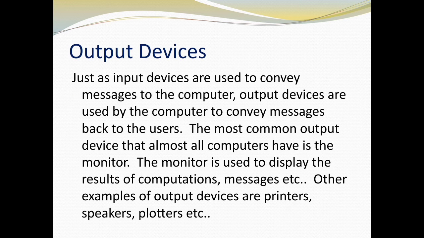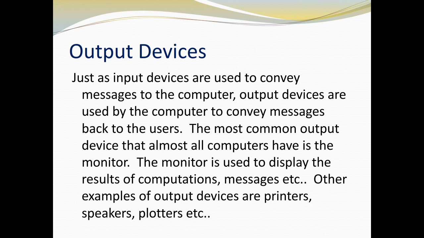Next, output devices. Input devices are used to convey messages to the computer, and output devices are used to convey messages back to the user. Here first we give input to the computer and then we receive output from the computer.